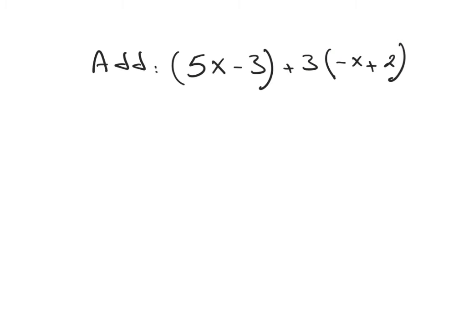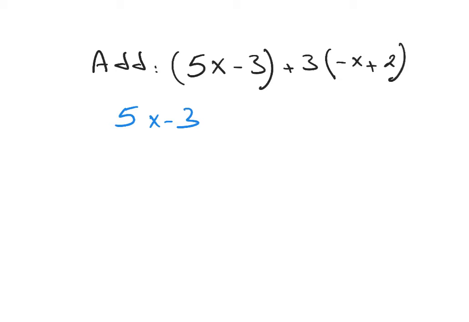In this example, we're going to add two expressions: 5x minus 3 plus 3 parentheses negative x plus 2. Now we're going to remove the parentheses first. So it's going to be 5x minus 3 plus, and here we're going to use the distributive property.